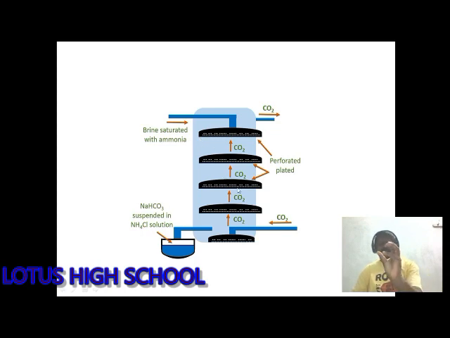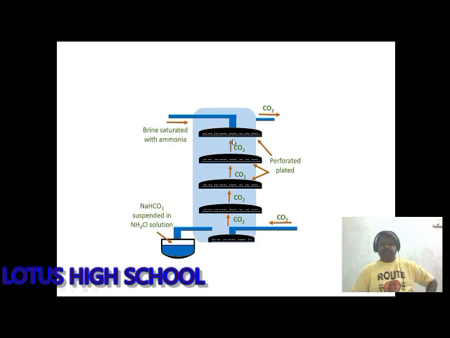So a chemical reaction takes place when the carbon dioxide gas touches the brine saturated with ammonia. The carbon dioxide gas which has not reacted comes out through this outlet.